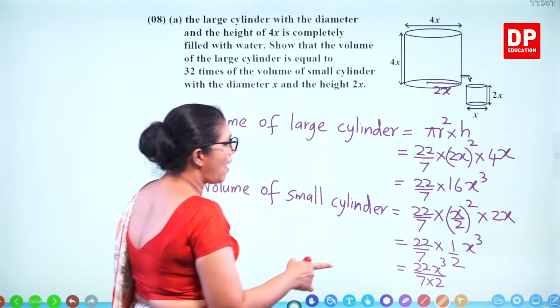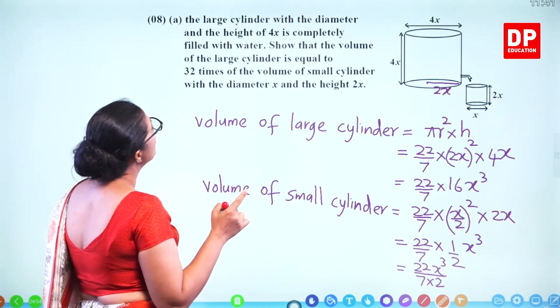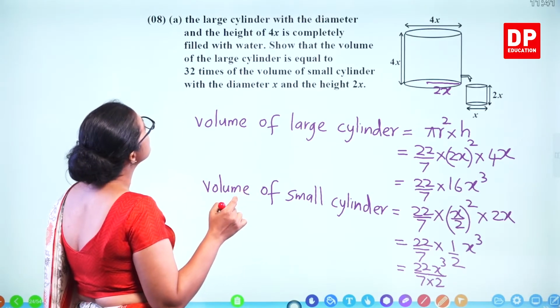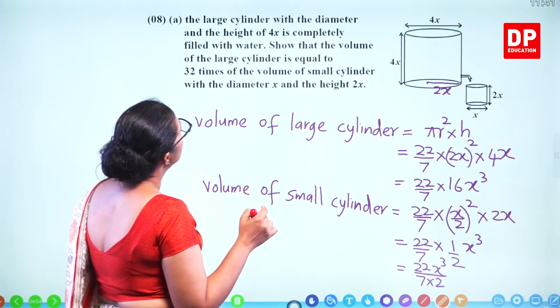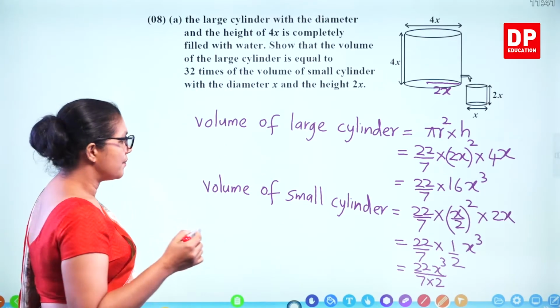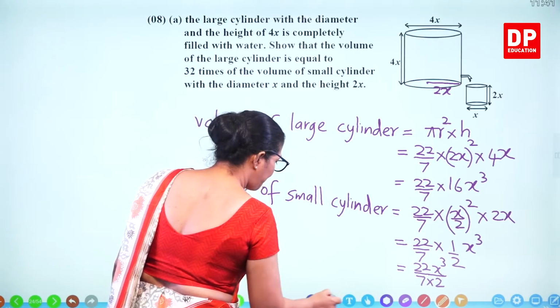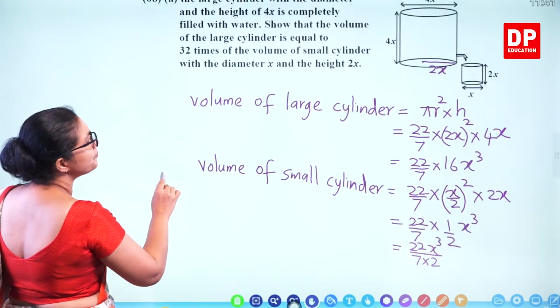Now when you divide these two, you need to show that this is 32, because it says 32 times this smaller one. So find out the ratio between these two.